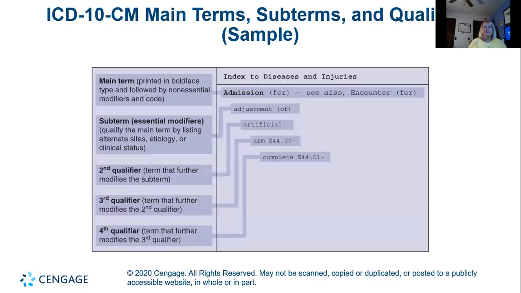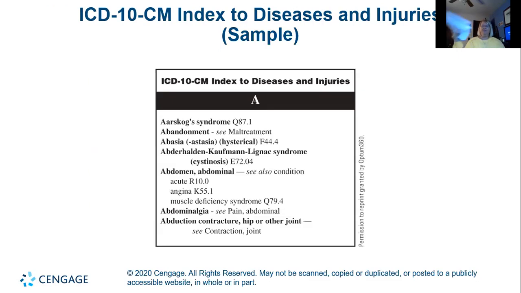Let's drill down further. Let's go in your ICD-10 book, and let's go find in the front of the book, in the alpha section, starting on page 1, the disease and injuries index. Let me see if I can get this turned on for you.